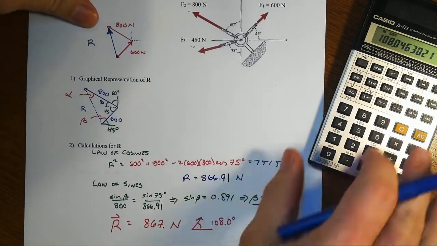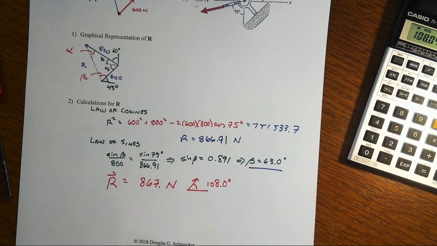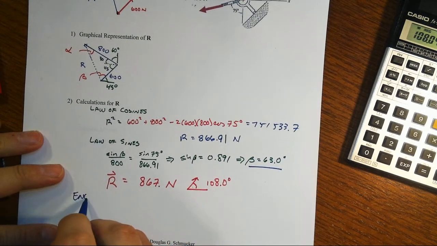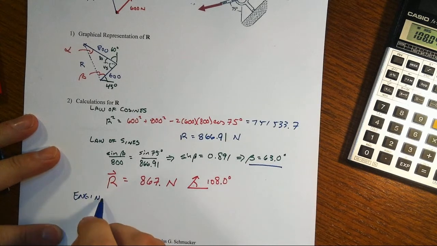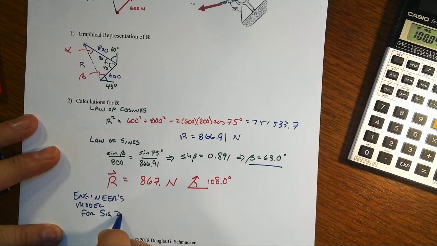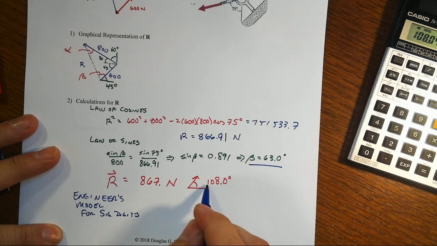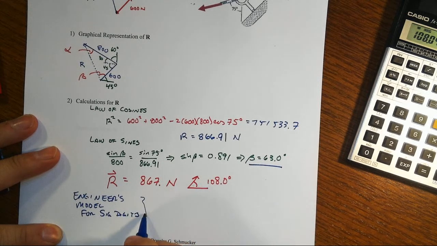We are not going to apply the scientific approach to this. We're going to apply the engineer's approach. In the engineer's approach, the model for significant digits is, if it starts with a 1, use 4.